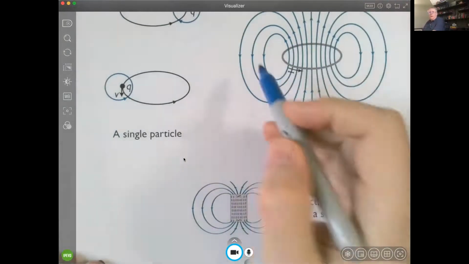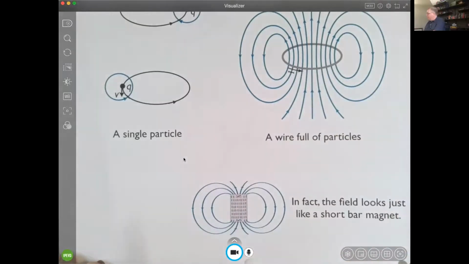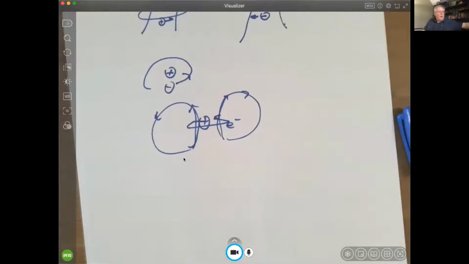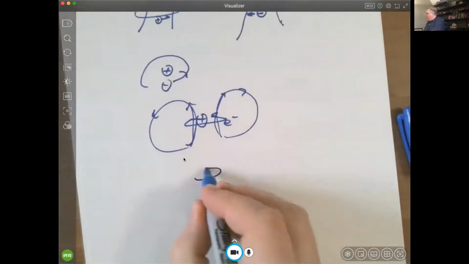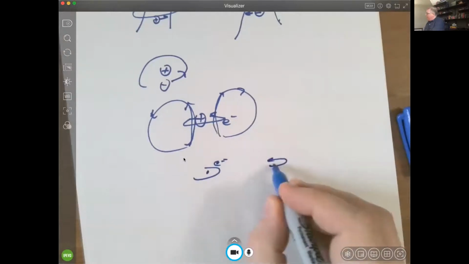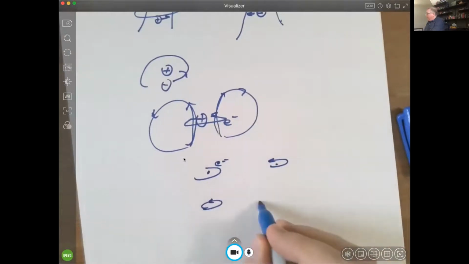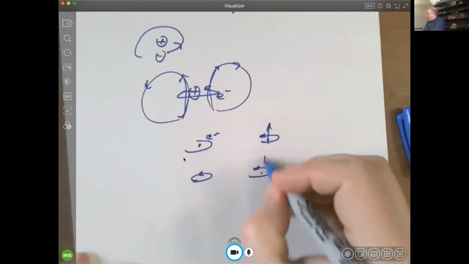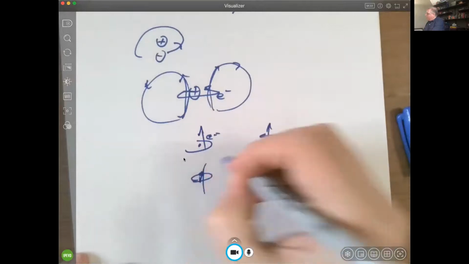It's about the same picture. Now, if I had a whole bunch of atoms that all had the electrons moving in the same direction around their protons, then they would all be creating magnetic fields in the same direction, right?